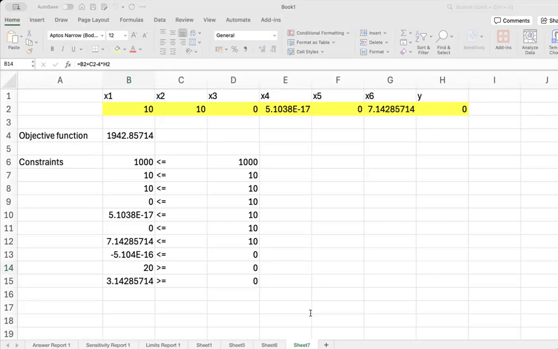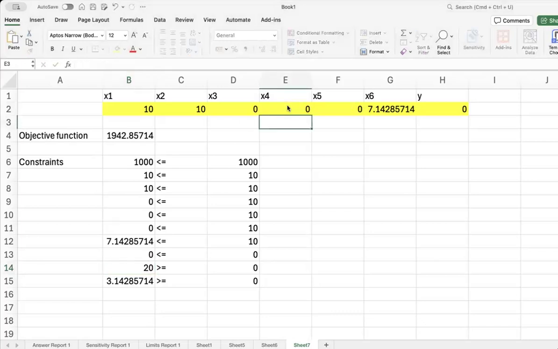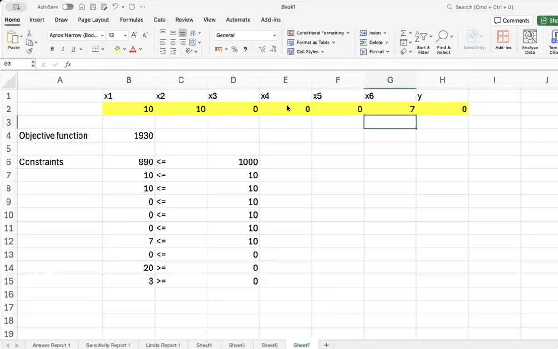Ajahn, if you change it to 1930, then it's correct. Yeah, I can do it. Just one moment. Because we know that already, x4 should be 0, right? And then x6 should be 7. So it's 1930.